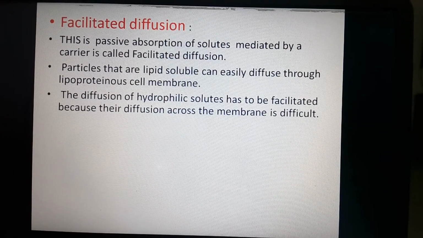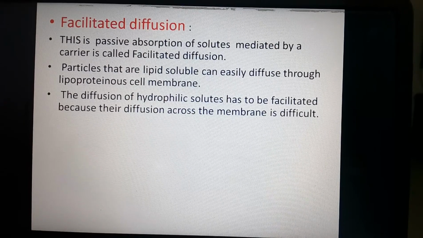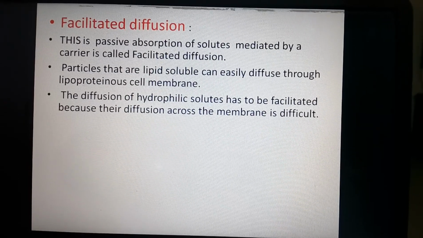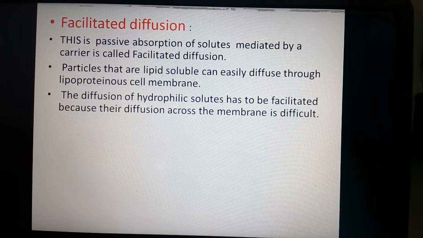So the solutes dissolve inside the water and they have an attraction towards the water molecule. Their diffusion has to be facilitated because diffusion across the lipoproteinous membrane is difficult, because this membrane does not allow the transport of such hydrophilic solutes through this lipid bilayer.